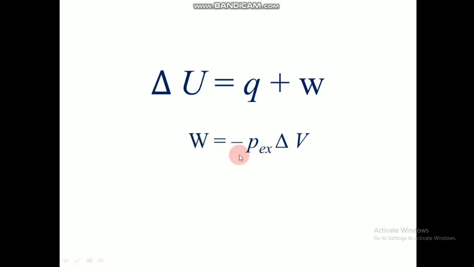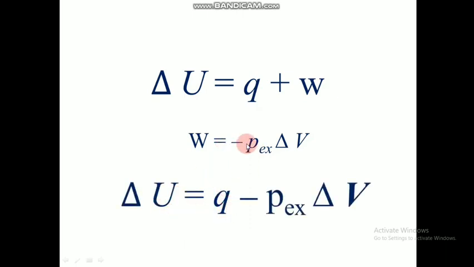Substituting this, we get delta U is equal to Q minus Px into delta V.